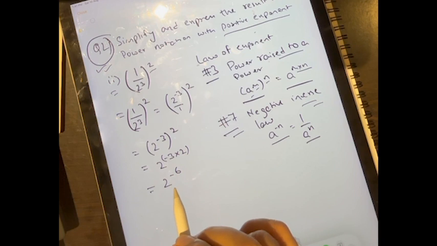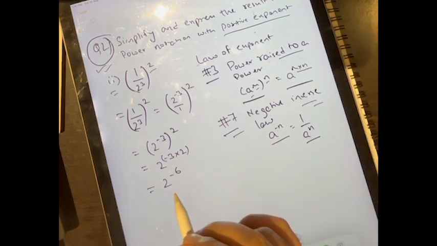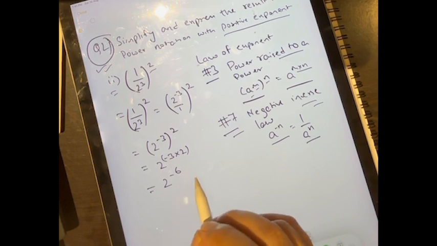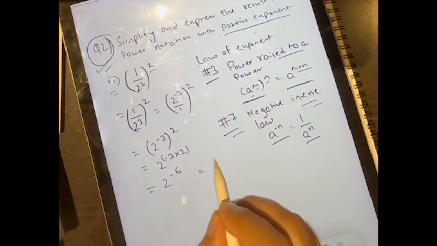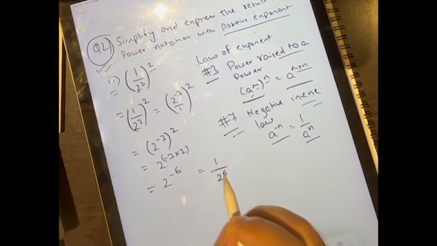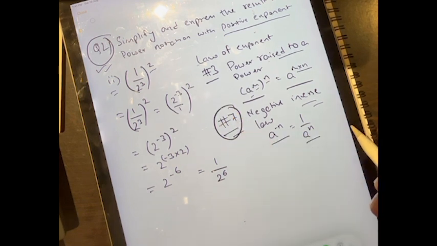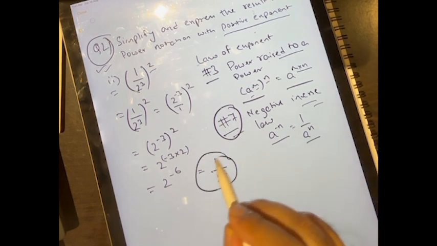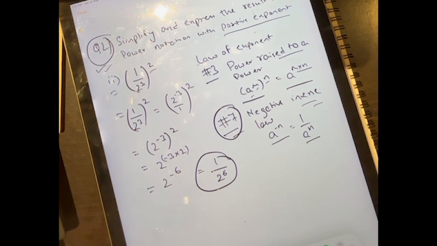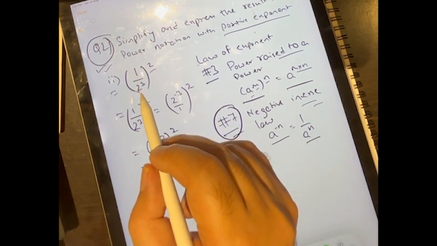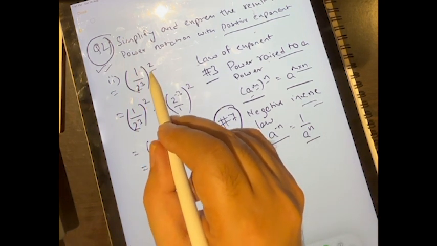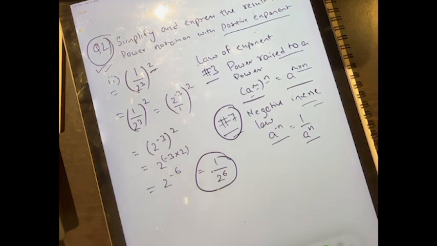And in order to give a positive exponent answer, we will again apply the negative inverse law over here, and this will become 1 by 2 raised to the power of 6 after applying the law number 7, which is negative inverse law. And this is eventually going to be our answer for the question, 1 by 2 raised to the power of 3 overall raised to the power of 2.